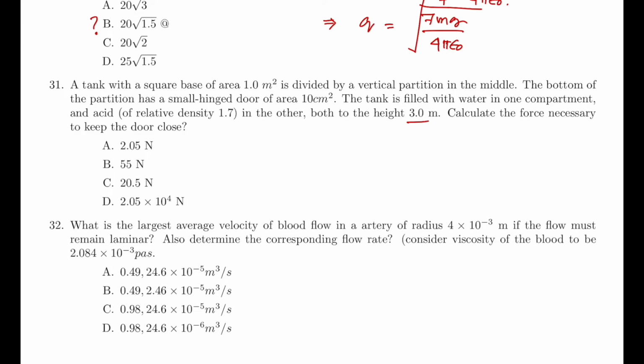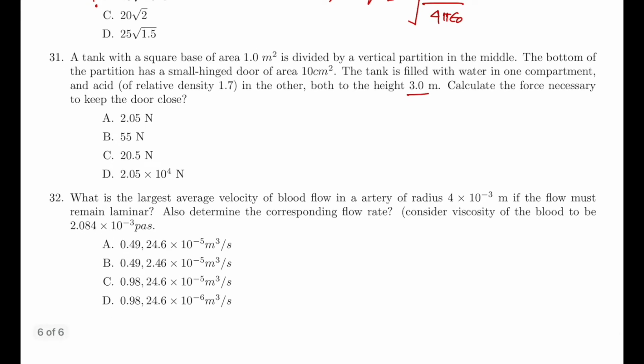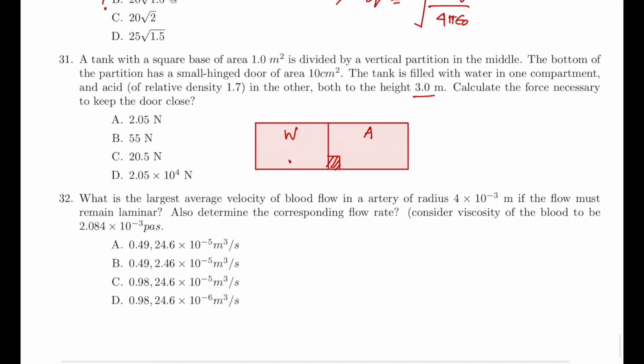Let's draw the scenario first. Suppose you have a square box like this, and this is your partition. Here is your water, here is your acid, and here you have a door. Now the water and acid have different densities, so if you consider 2 points at the same level, then the pressure would be different for water and acid.